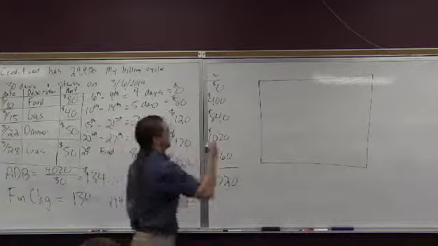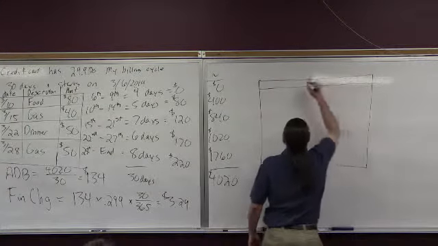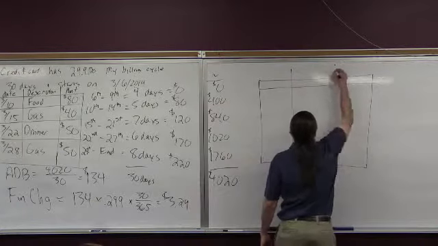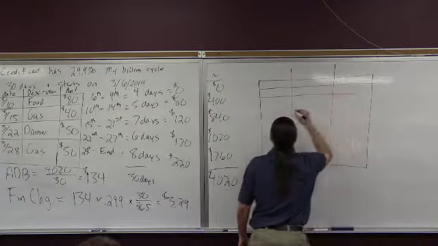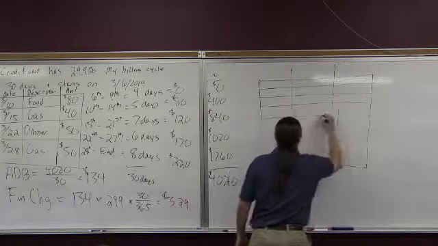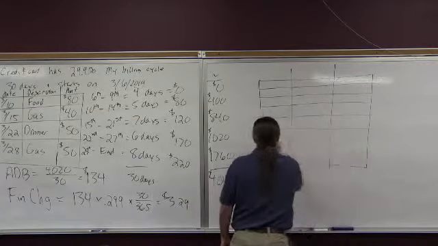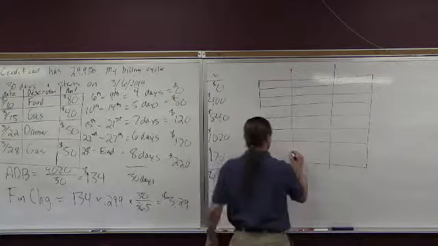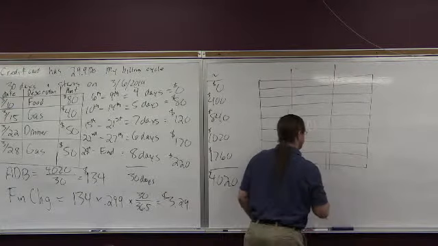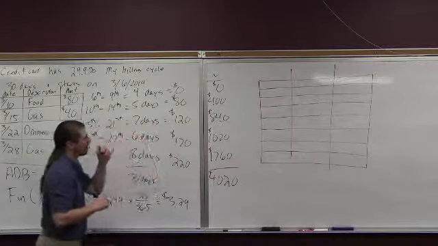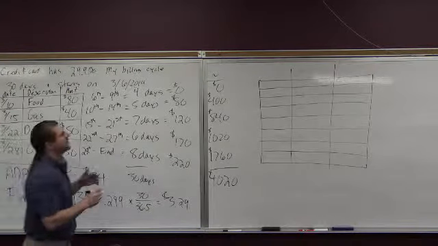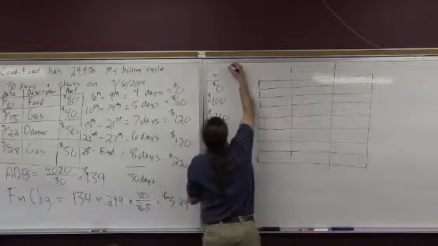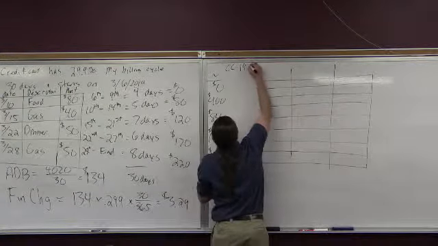All right, so let's get a little bit more going on this time. Let's get one more, just for kicks and giggles. So let's assume my interest rate's a little bit better.